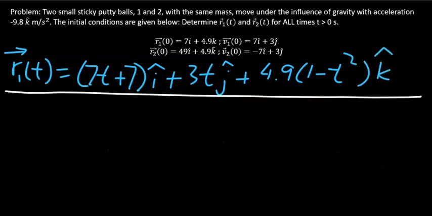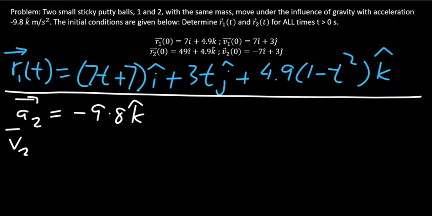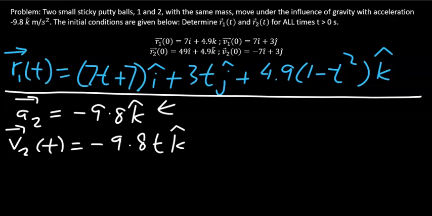Now let's repeat for ball number 2. We know the acceleration is the same, namely minus 9.8 k hat meters per second squared. That's given right there. So its velocity vector at any time t is obtained by integrating that term, and that's going to give you minus 9.8 t k hat, integrating with respect to time, plus an integration constant, a vector, let's call it c2.